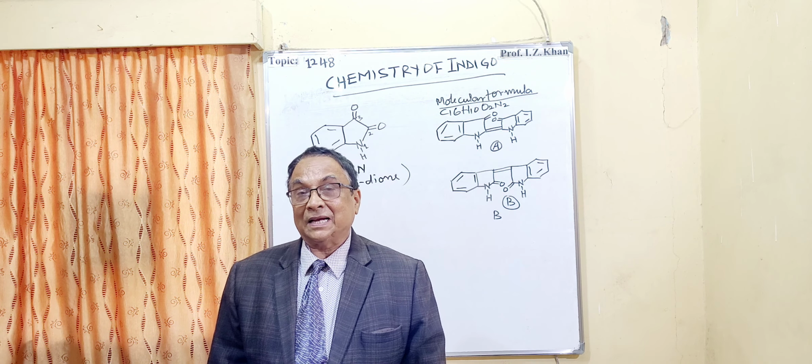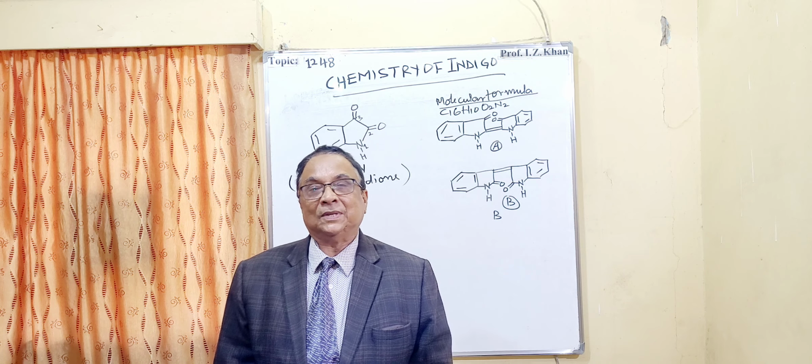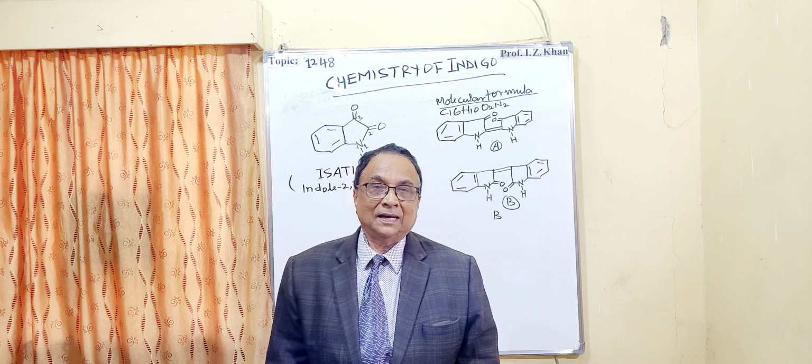Because of its glycosidic nature, it is water soluble. So it is found in the form of glucoside, where a glucose molecule is linked with one of the aromatic rings.